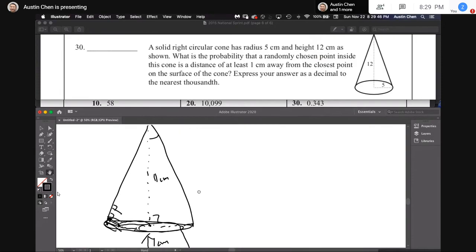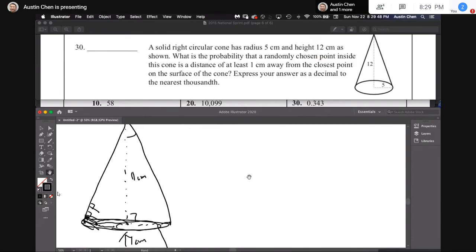All right. So what I said was our new radius will be the radius when we have it like this. Well, this will be the new radius, and this will be 1 centimeter, and this will be a right angle.